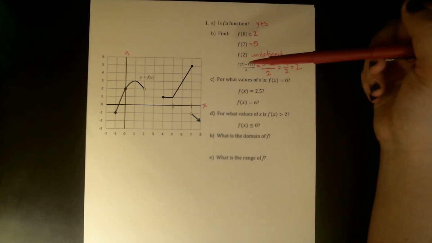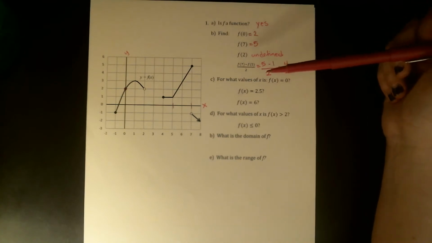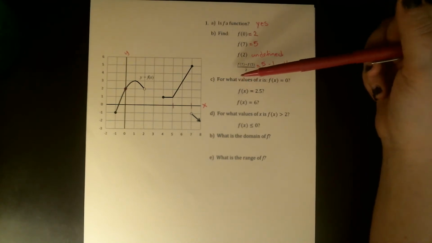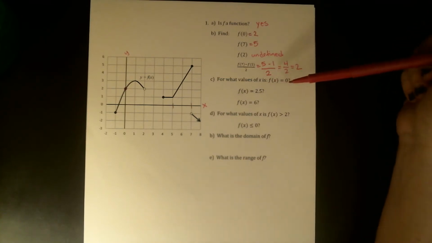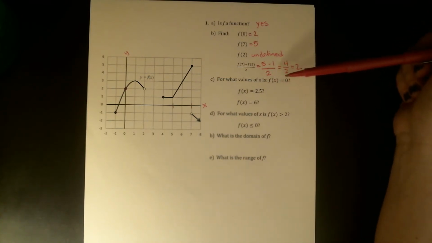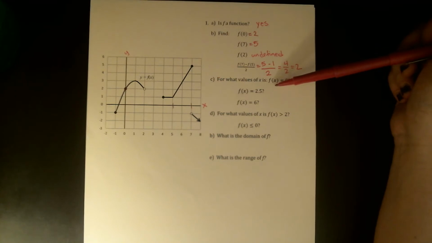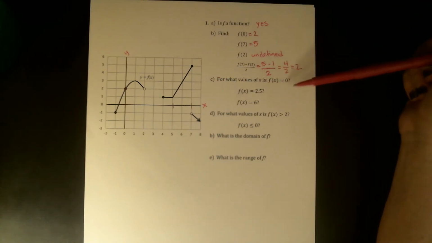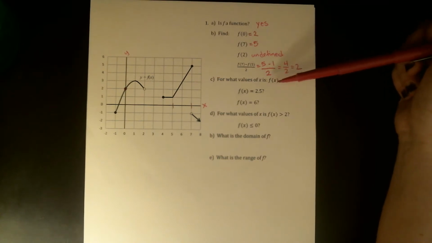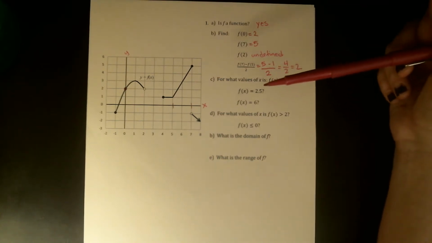Okay, next, I'm going to give you some outputs and ask you for inputs. So first, I'm giving the output 0. F of x equals 0 means your output or your y value is 0. And you are trying to solve for an input that would make that true. So even without me using the word solve, I hope you recognize this is a solve problem. Solve for x if the output is 0.